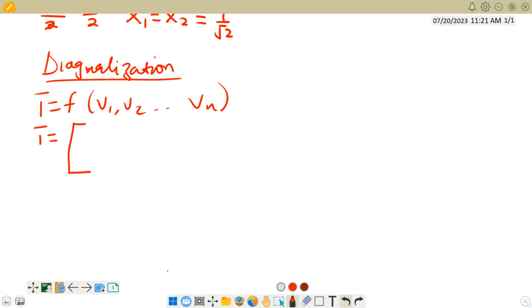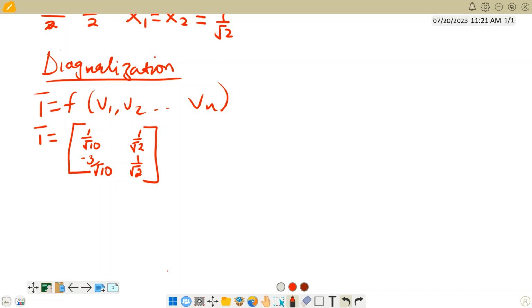Remember that our vector 1 was 1 over root of 10, minus 3 over root of 10, and our vector 2 was 1 over root of 2, 1 over square root of 2. So we'll work with this particular matrix here. Just a hint: diagonalization is the process of transforming a matrix like this one into a diagonal matrix.